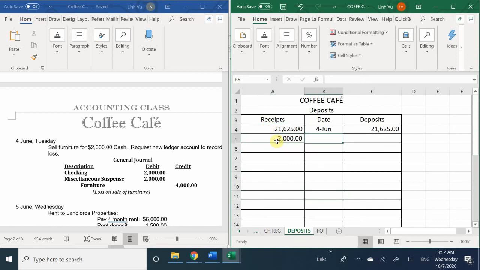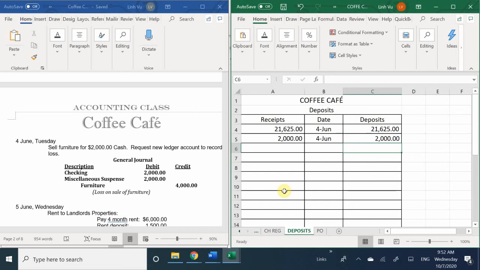We received $2,000, but here I'm also going to deposit it right away because it's the end of the day. The assumption is we should just try to visit the bank every once in a while, right? In this case, I'm going to do it today. So June 4th. My total amount that I deposited is going to be $2,000, okay?